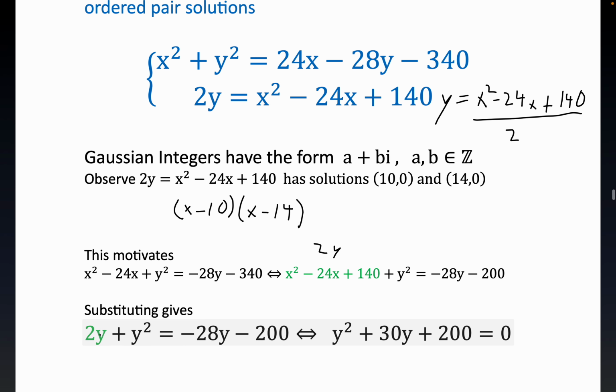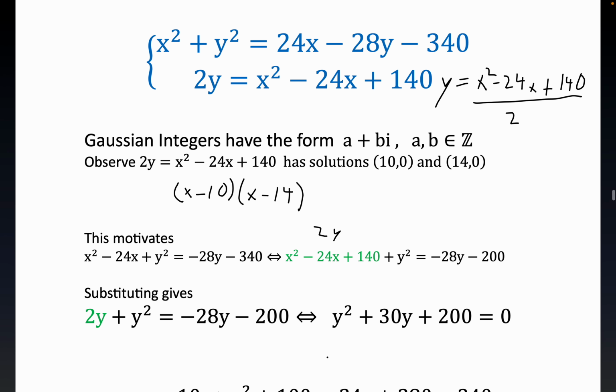In other words, 2y squared, I replaced it right here. You can just see it turns into a quadratic in y. All right, and so then we end up with this statement right here, and this factor is nice. So this is by design. This is y plus 10 times y plus 20.